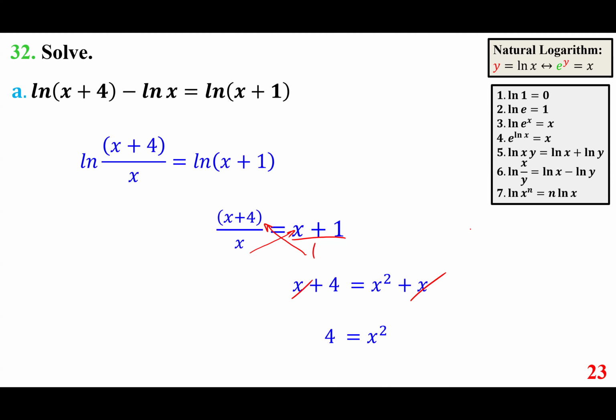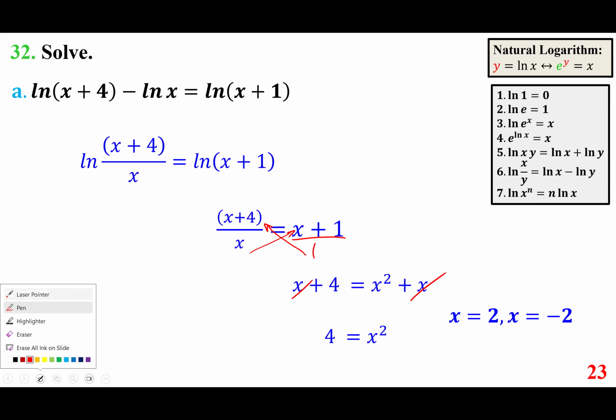And x has two answers, positive and negative 2. We check. 2 works here: positive, positive, positive. Negative 2 is fine here, but messes up the second one. You don't even have to check with the last one. It's out. If any of those arguments is negative, you get rid of it.